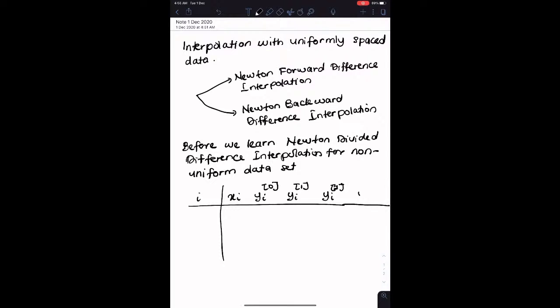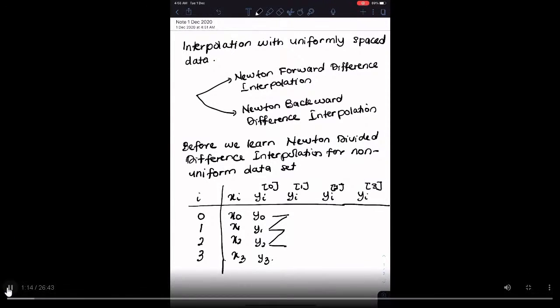We want to find y0,0, y0,1, y0,2, y0,3 if the data is order 3. We are given x0, y0, x1, y1, and so on. So the problem now is how to create the triangle, forward above.